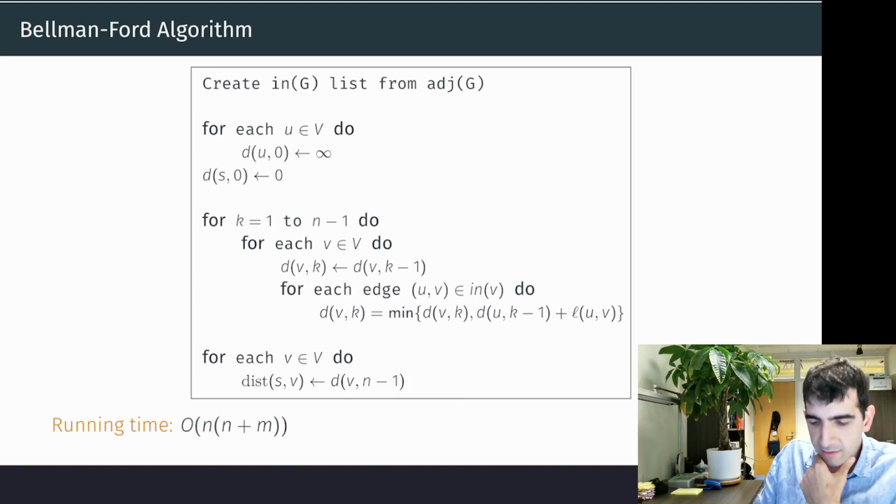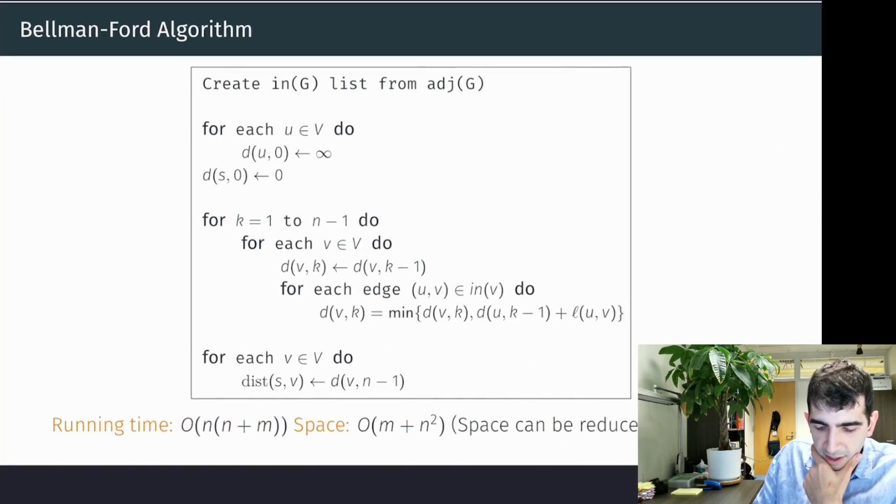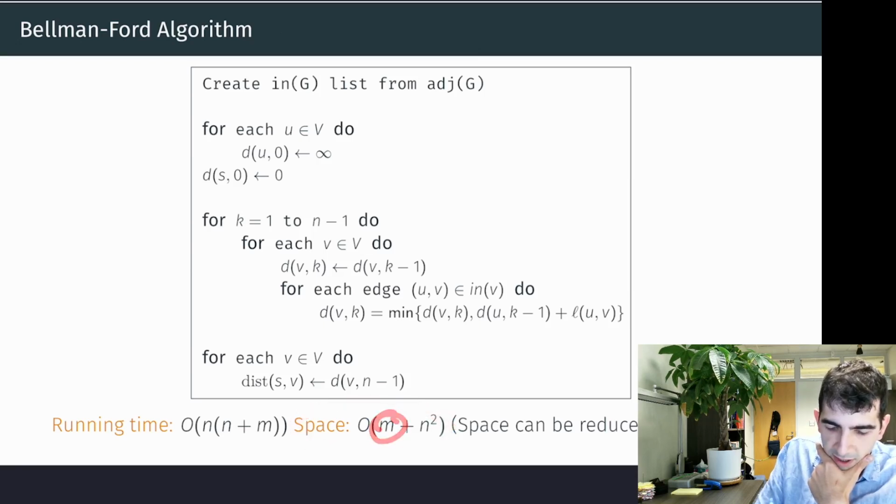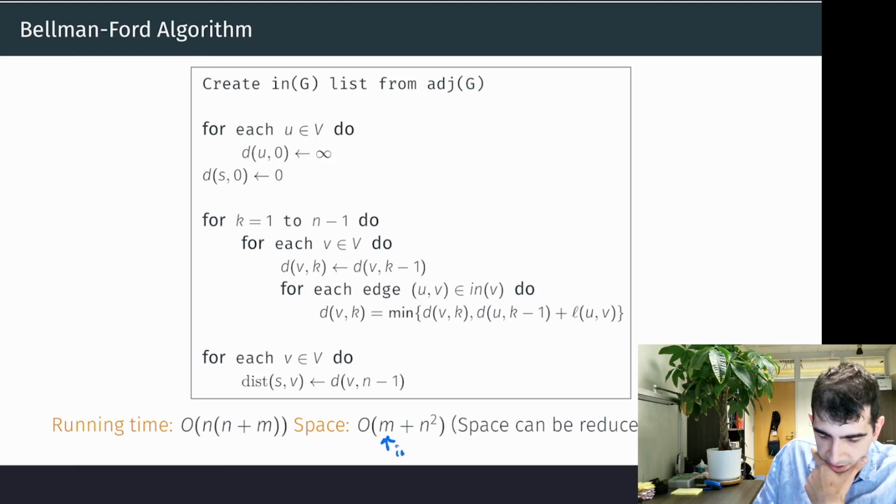What about the space? Well, in the previous table, we saw the space take O of n squared. We saw an n squared table, and we also include this term for the in list. One is for the in list, and the other is for the Bellman-Ford table in the example.